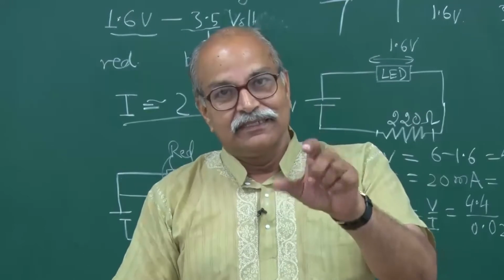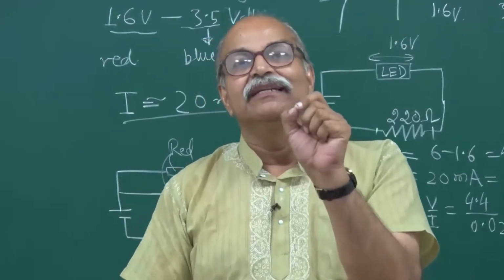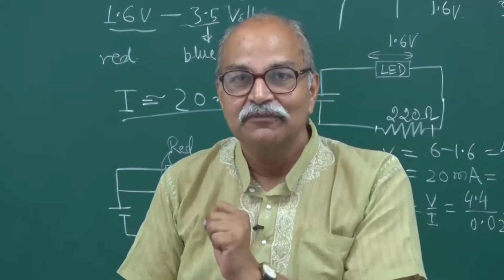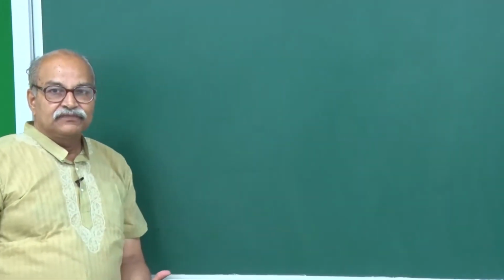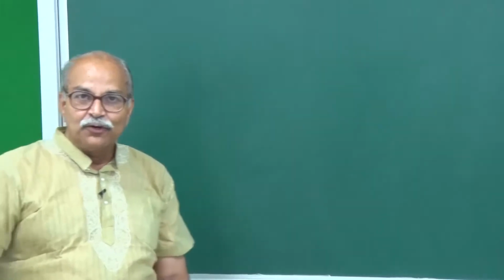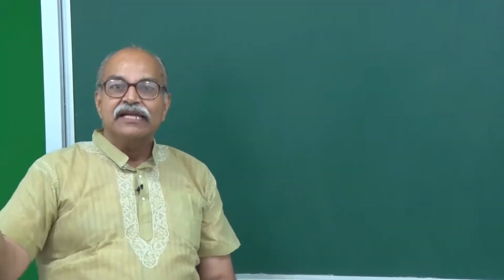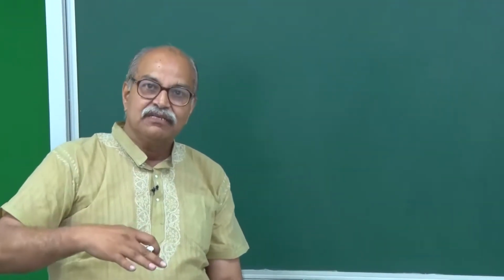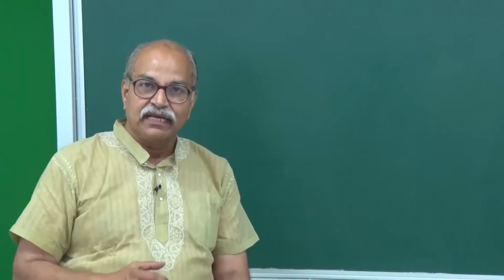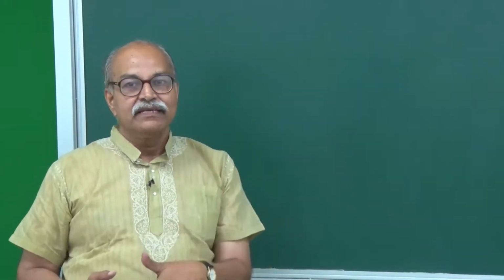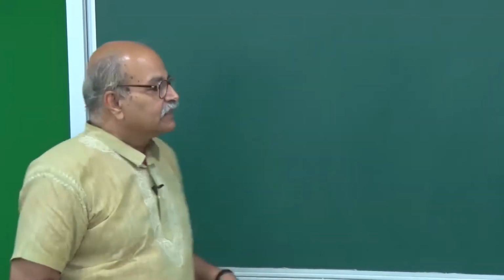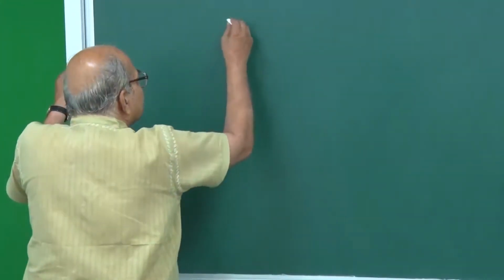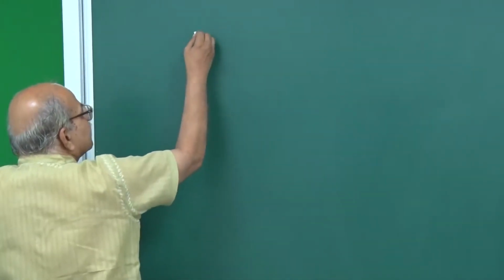So, what is it? The basic unit is again a PN junction, a silicon PN junction. In a solar cell, like the photodiodes we talked about, light falls on this PN junction, and that light creates electron hole pairs. Essentially the same mechanism, but the construction is slightly different.